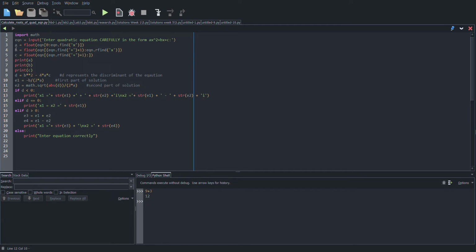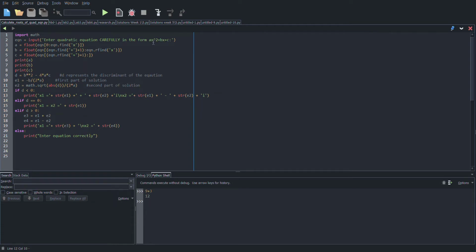And the third line says a equals float of equation, bracket 0 up to equation.find x. So what this line does is it converts the number that it finds into a float, from the starting index 0. The starting index is this index. When Python saves this, it saves it as a string, right?